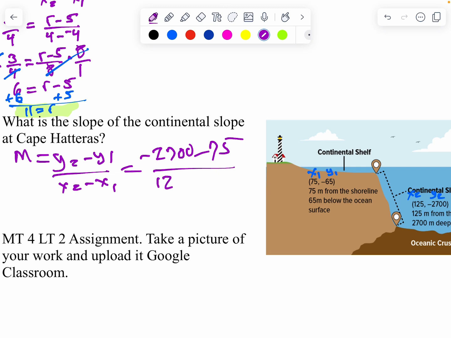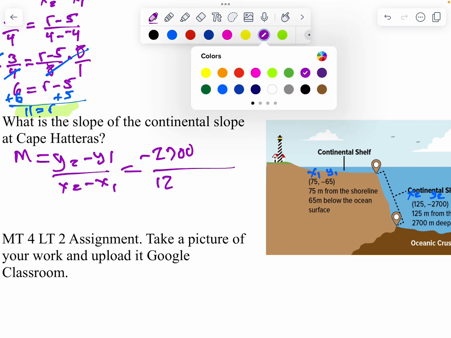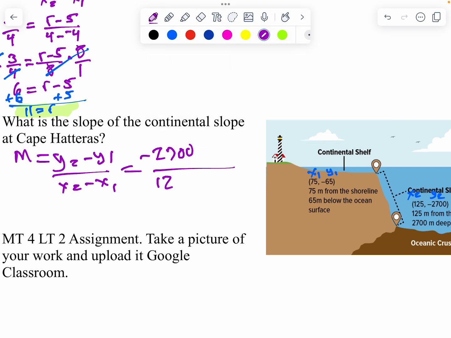Oops, that was negative 65, wasn't it? Almost made a careless error there. My y1 was negative 65, wasn't it? So we're going to say negative 2,700 minus negative 65 all over 125 minus 75.